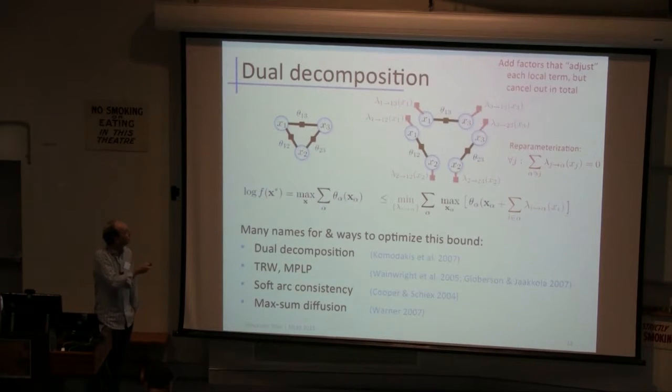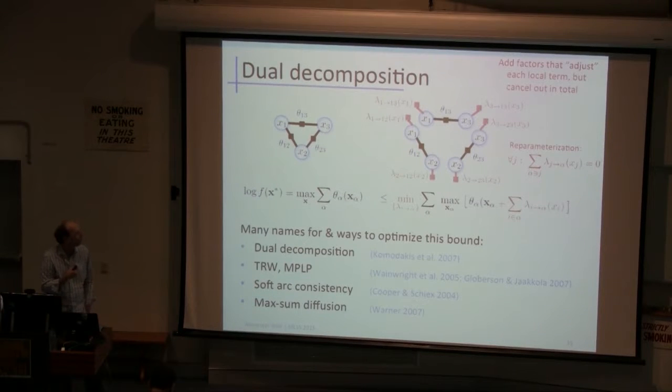Okay, so this bound is very simple to think about, and then you can try to optimize this bound by tightening these Lagrange multipliers lambda. And in fact, this bound has been reinvented so many times that it has dozens of different names and different strategies for optimizing the bound.